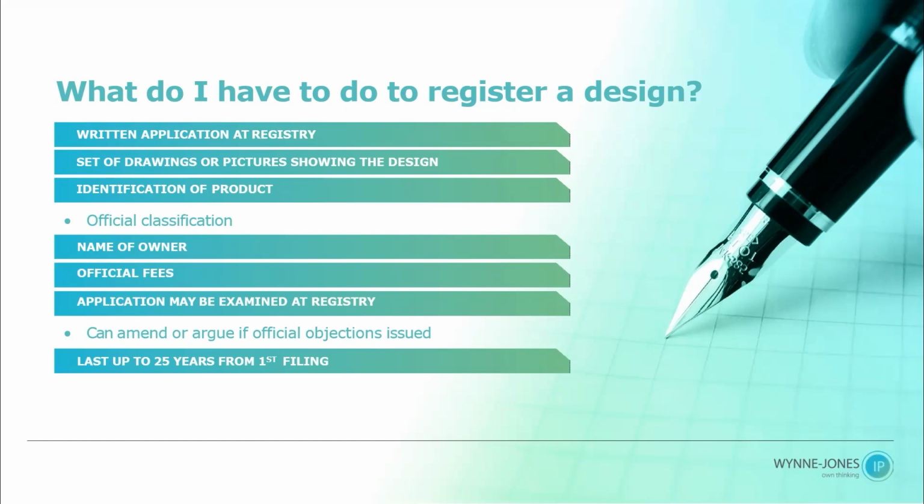In the UK and in European countries, they last up to 25 years from the first filing, renewed in periods of 5 years. At the very least, these days, it's 15 years from first filing. There's a convention that's pushing everyone into a minimum of 15-year protection, but 25 years protection on this one.